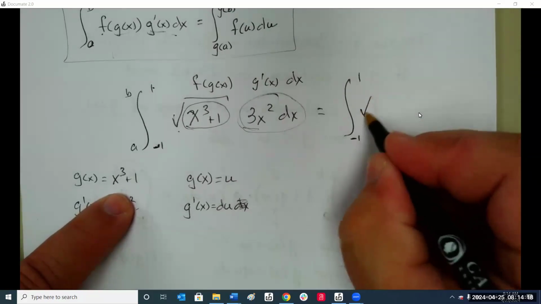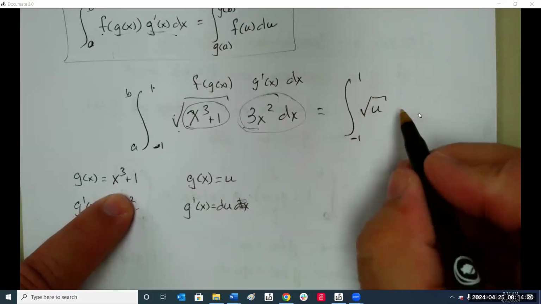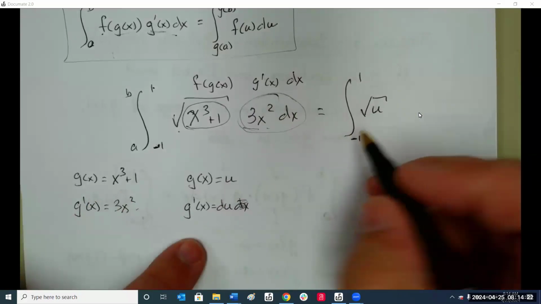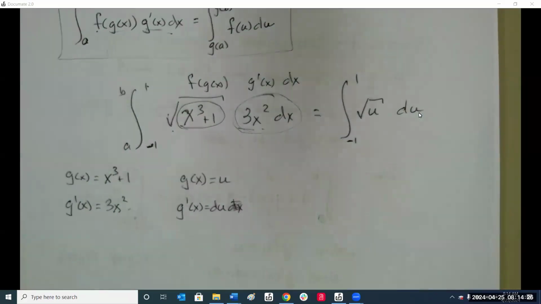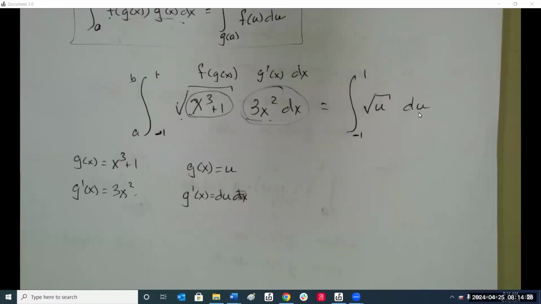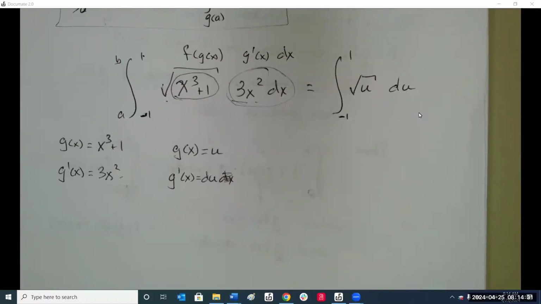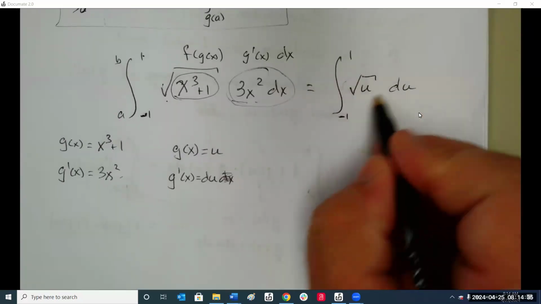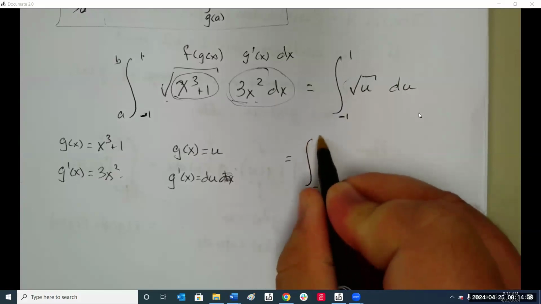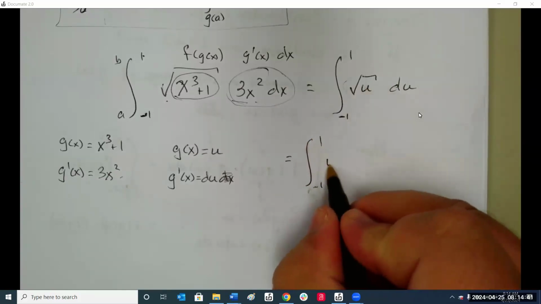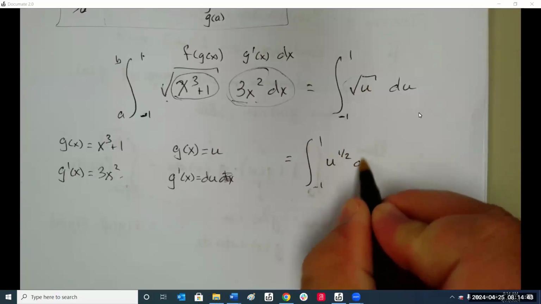So it's the square root of u, and this is du. So let's take the integral of this one. The square root of u becomes u to the power 1/2.